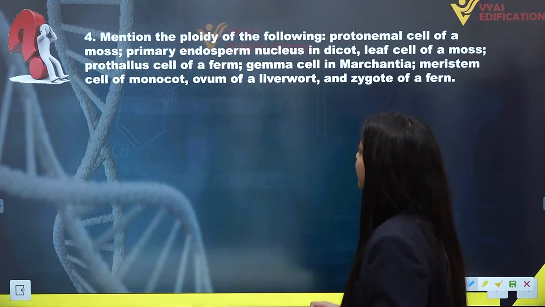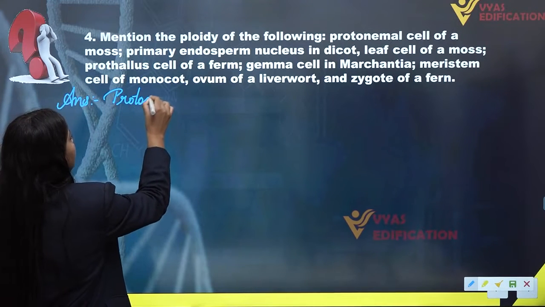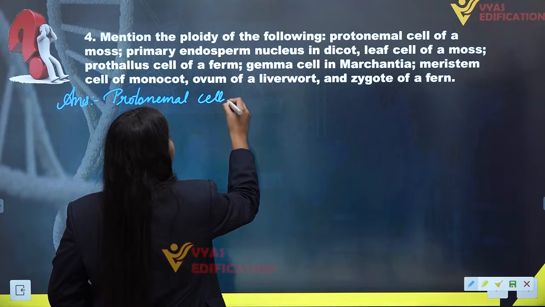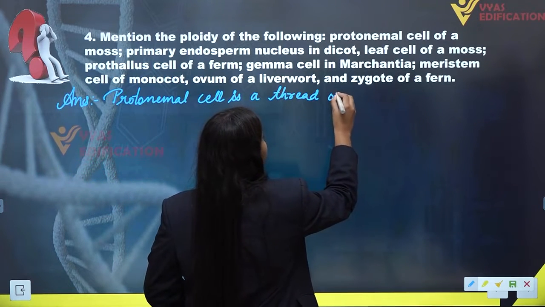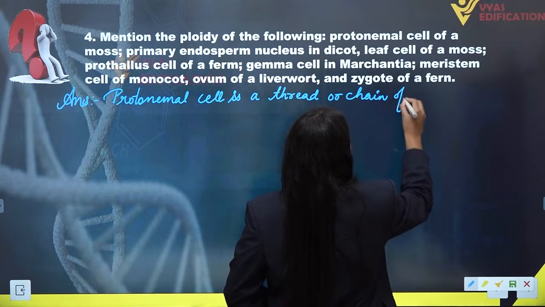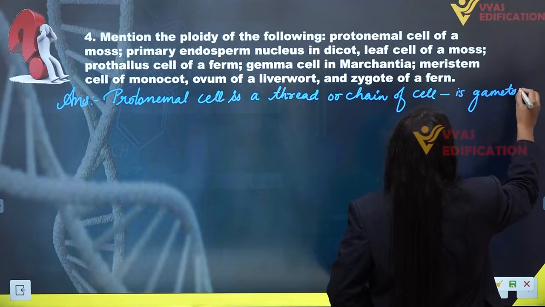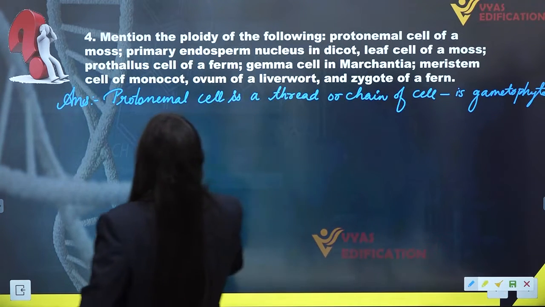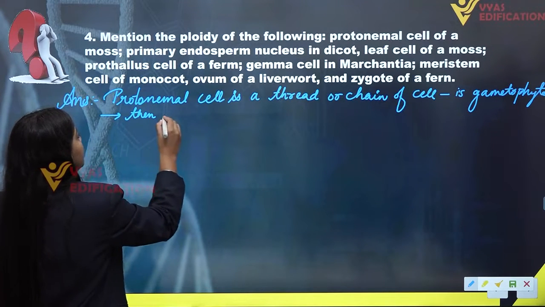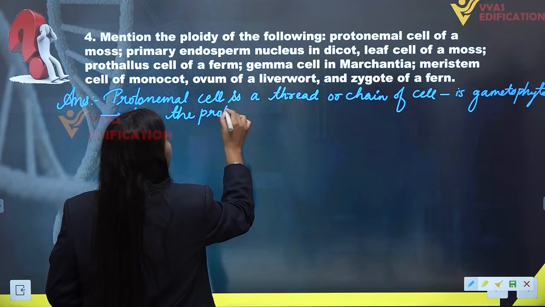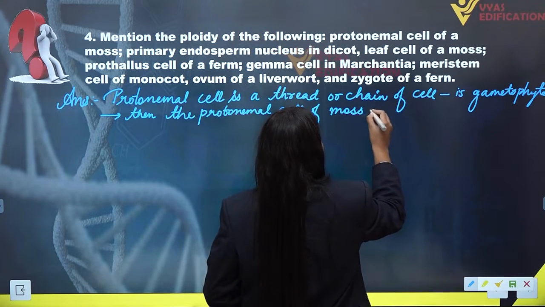Thus, if we write the answer: the protonemal cell is a thread or chain of cells and is a gametophyte. Since gametophytes of any plant body are haploid, we can conclude that the protonemal cell of moss or bryophyte is haploid in nature.